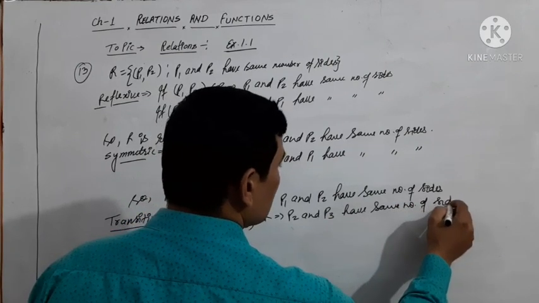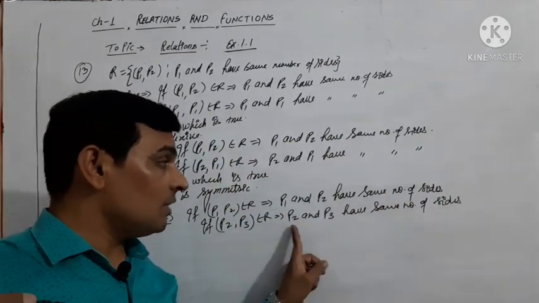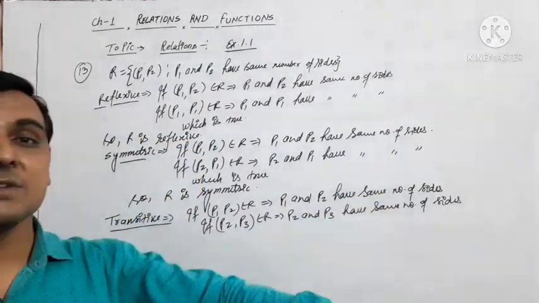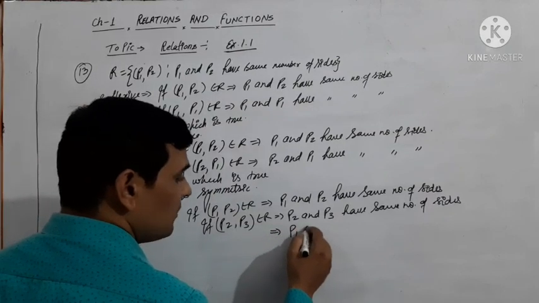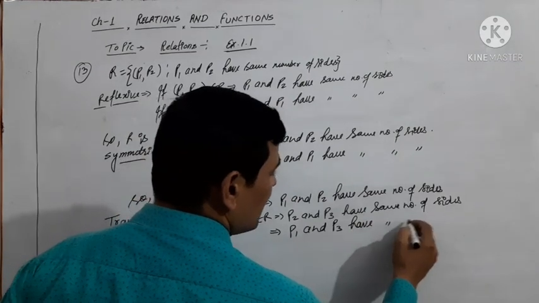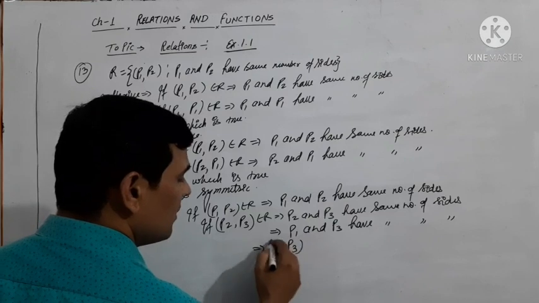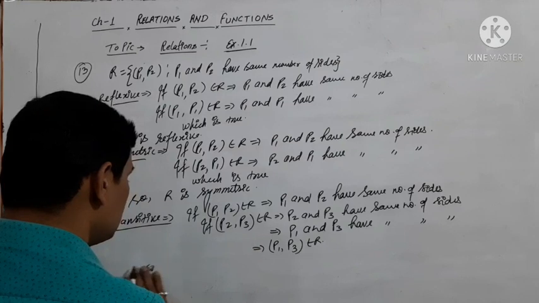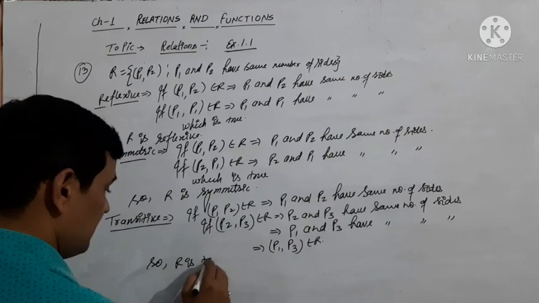Clear? P1 and P2 have the same number of sides, and P2 and P3 have the same number of sides. This implies that P1 and P3 also have the same number of sides. Clear, son? We have done this type of questions. This implies that P1 comma P3 belongs to R. So this implies that R is transitive.